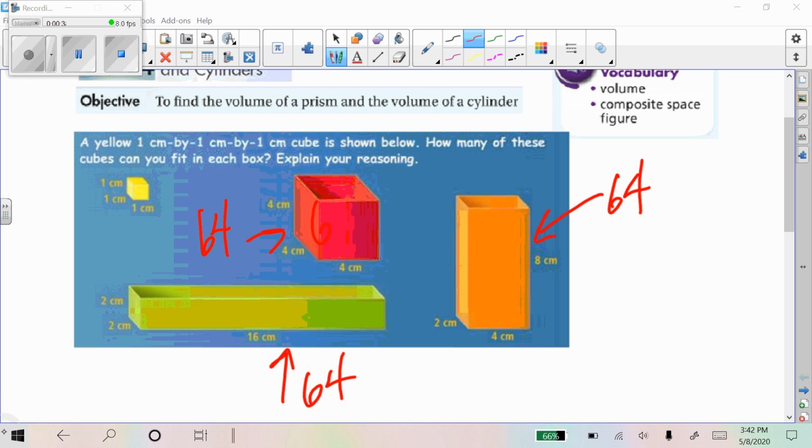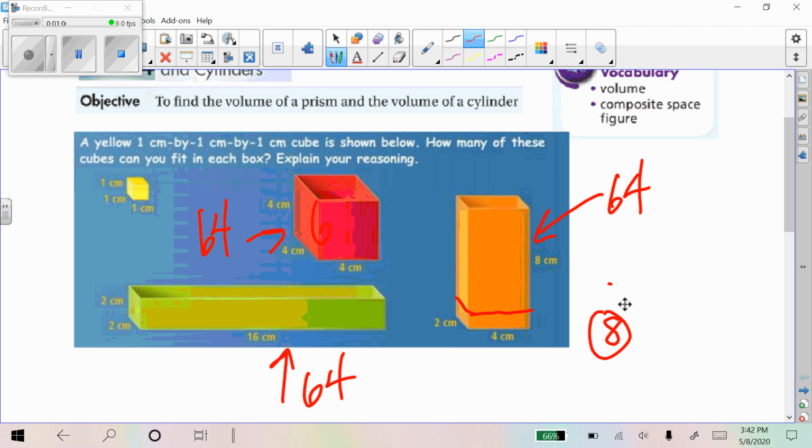So you should have found that each of them holds 64 of those little yellow cubes. My idea on how I would explain it is that if you talk about one layer of each of these and then multiply by the number of layers, so one layer on this one is 2 times 4, which is 8 on the bottom layer.